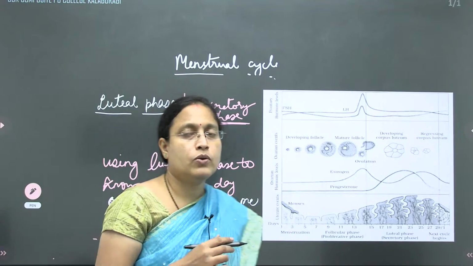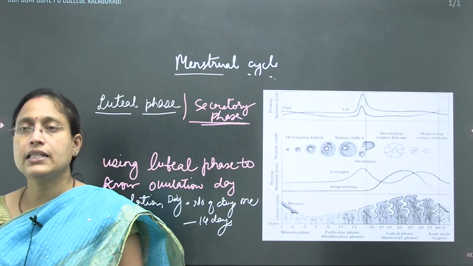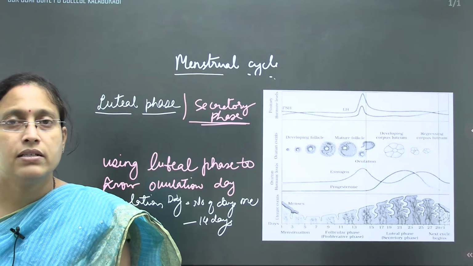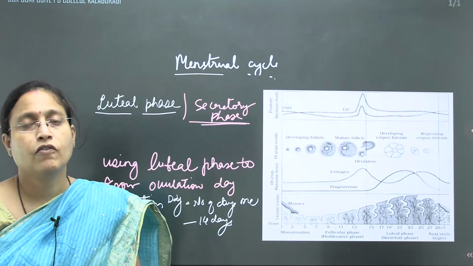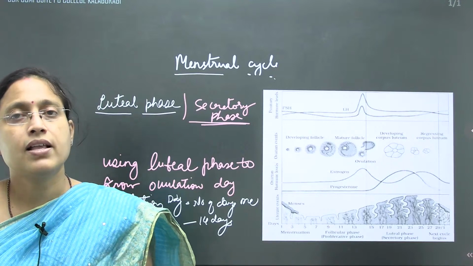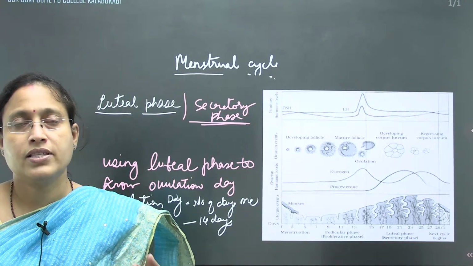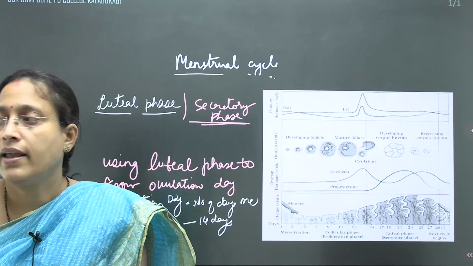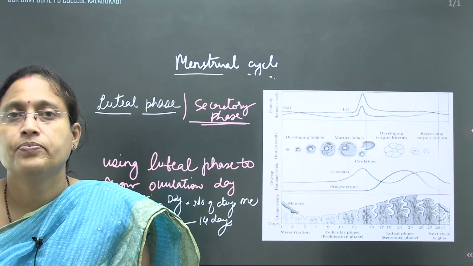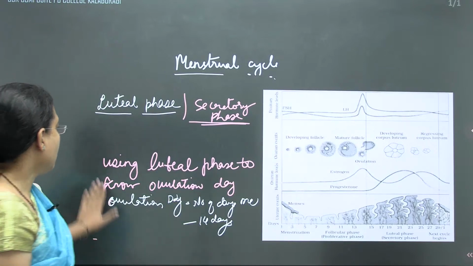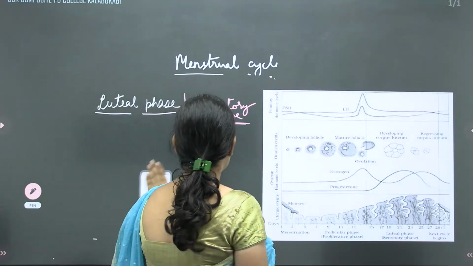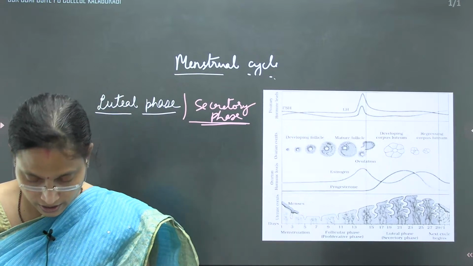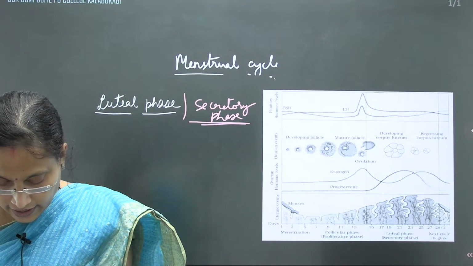So there is a woman whose menstrual cycle is, say, 32 days. How can it be calculated? 32 minus 14. Whatever answer you get upon subtracting 14 from 32, that answer will be the day of ovulation. So that is the importance of luteal phase days, and how you can use them.